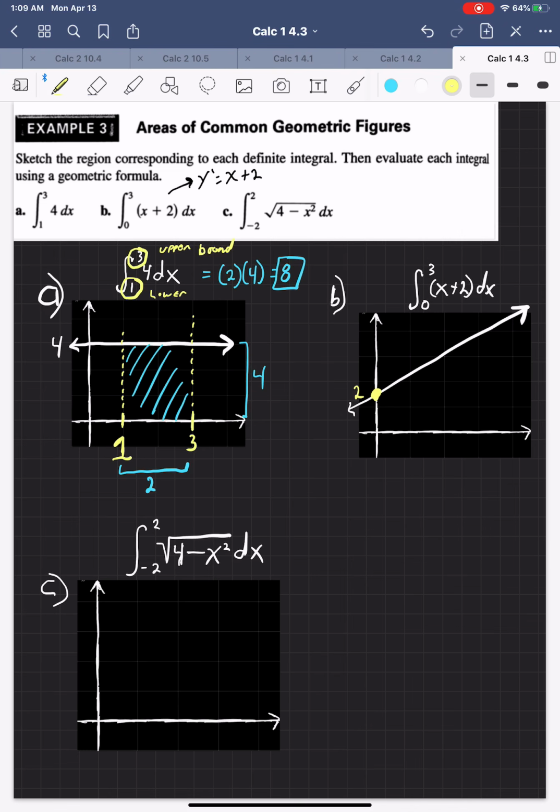Now take a look at this shape here, because you want to find the area under the curve from 0 to 3. I'm going to do my best to shade this in.